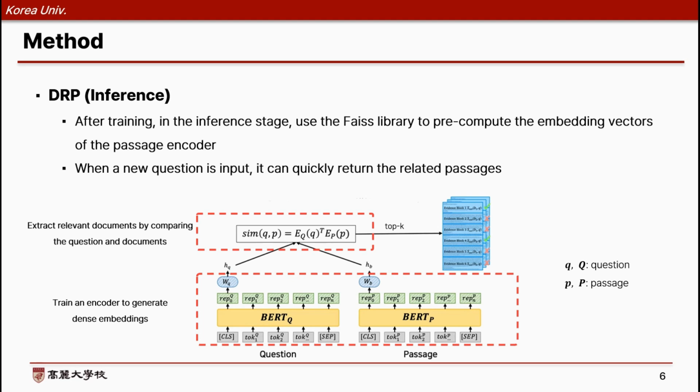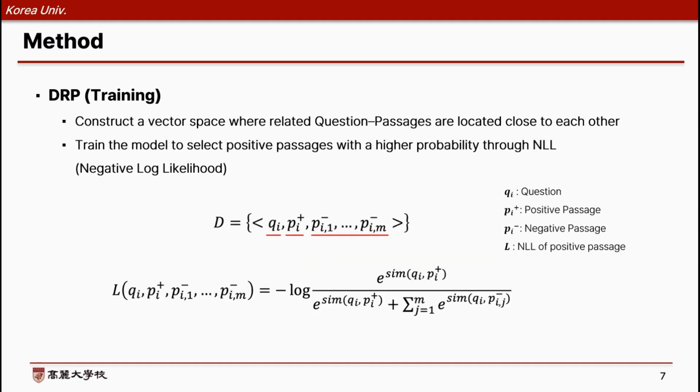After training, in the inference step, since the parameters of the model are fixed, a library for calculating the similarity between vectors is used, and the embedding vectors of the passage encoder are calculated in advance. Thereafter, when a new question enters the input, it quickly returns the related passages.